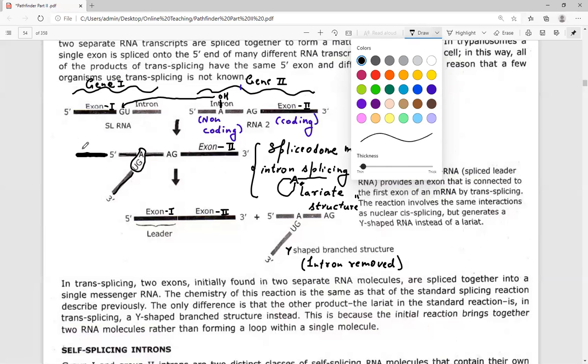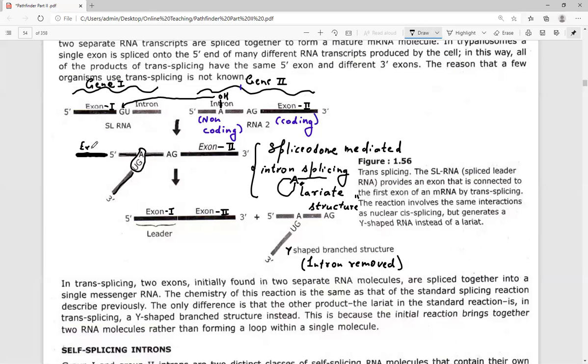Now, exon 1 has its own 5 prime end and its own 3 prime end. This 3 prime end will make an attack over the guanine residue, in this manner. When it makes the attack, exon 1 and exon 2 are going to be ligated together, and they will lead to the formation of a protein.